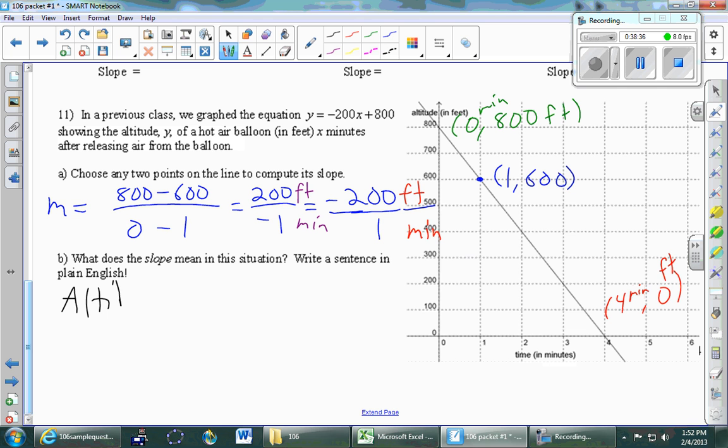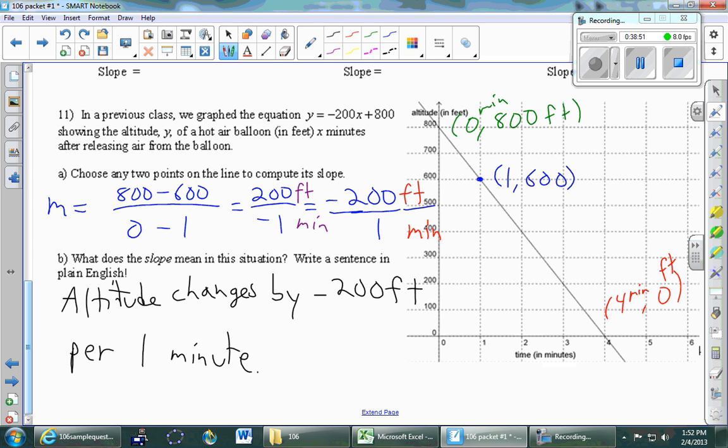The altitude changes by negative 200 feet per 1 minute. If you want to do better than me, yes, you say that.